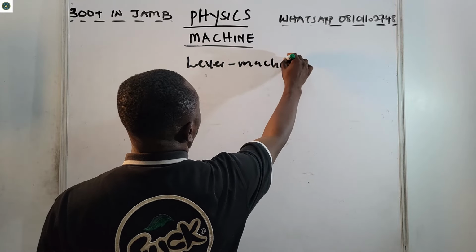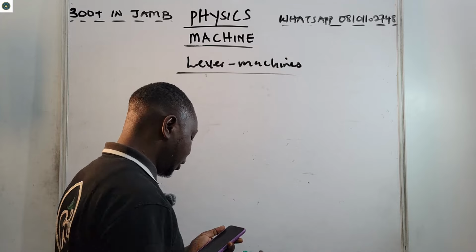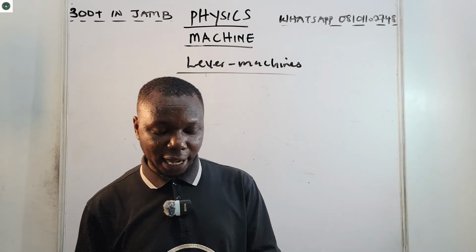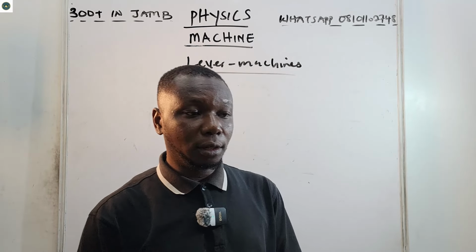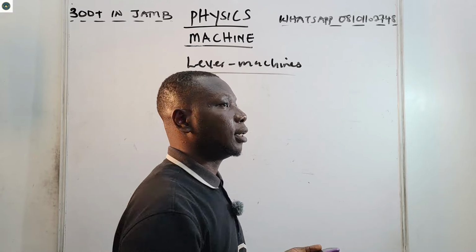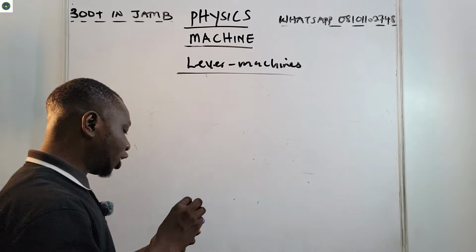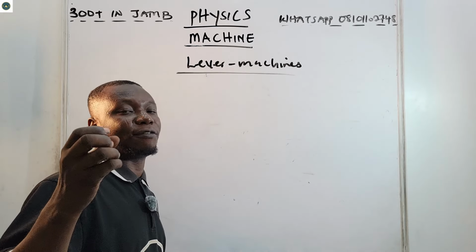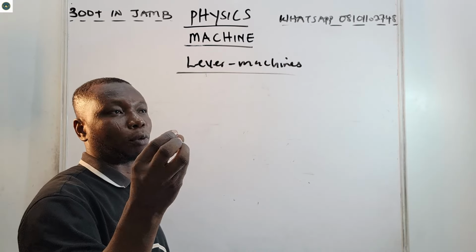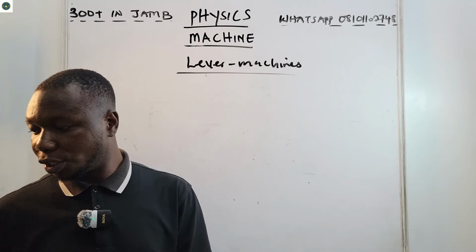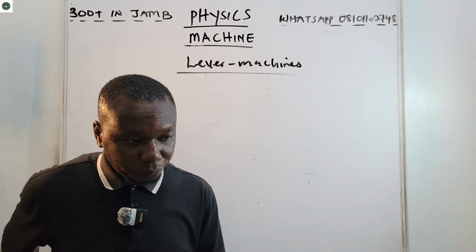Now, the lever machine is a rigid bar that pivots at a point. It's a rigid bar that is pivoted at a point. That means the pivoted means there is the presence of a support, which is the fulcrum.